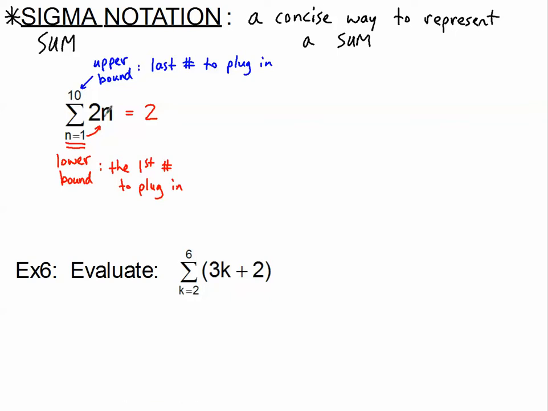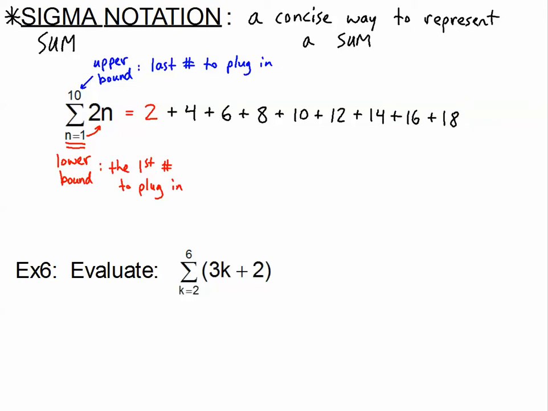So we plugged in a 1. Next we'll plug in a 2. 2 times 2, of course, is 4. Next we'll plug in a 3 and get a 6. Plug in a 4, we'll get an 8. Plug in a 5, we'll get a 10. Plug in a 6, we get a 12. Plug in a 7, 2 times 7 is 14. Plug in an 8, we get a 16. Plug in a 9, we get an 18.